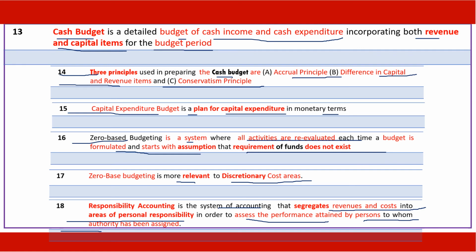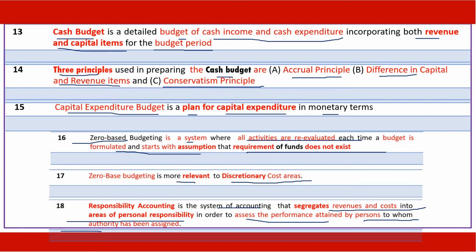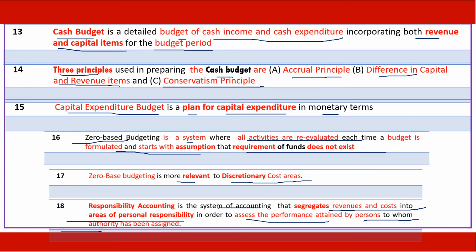Cash budget is a budget of cash income and cash expenditure, both revenue and capital, for a budget period. Three principles: accrual principle, difference in capital and revenue items, conservatism. Capital expenditure budget is a plan for capital expenditure.